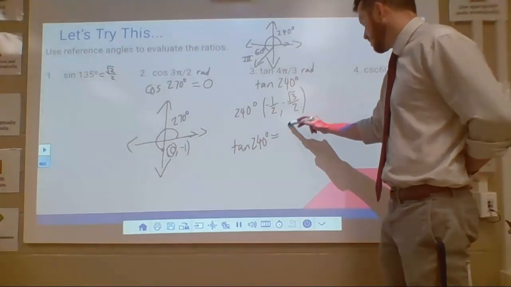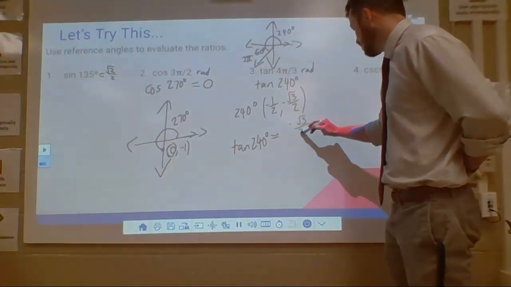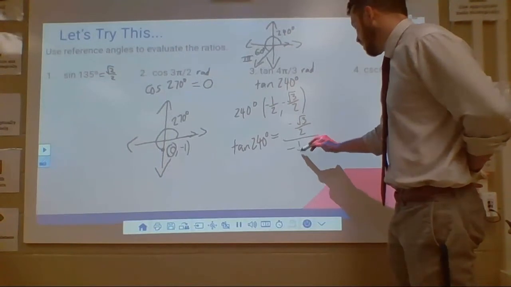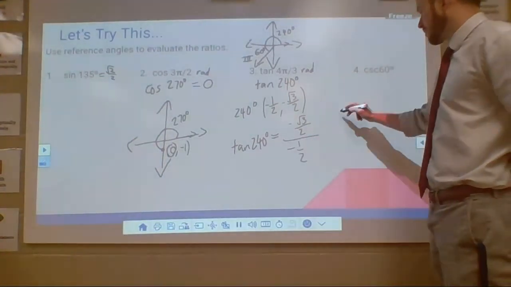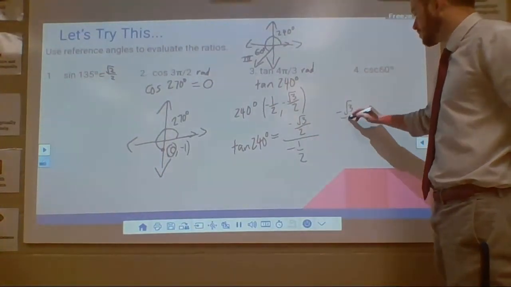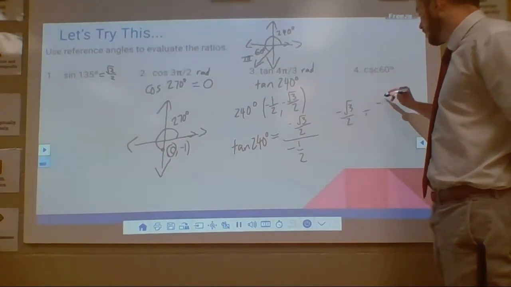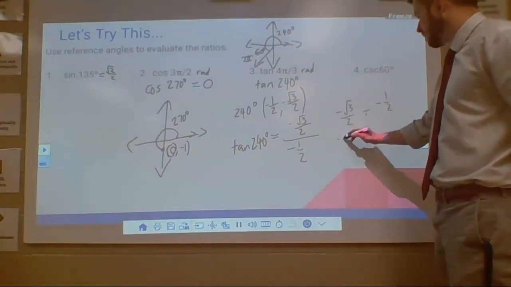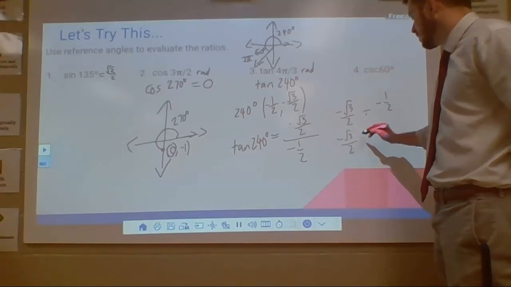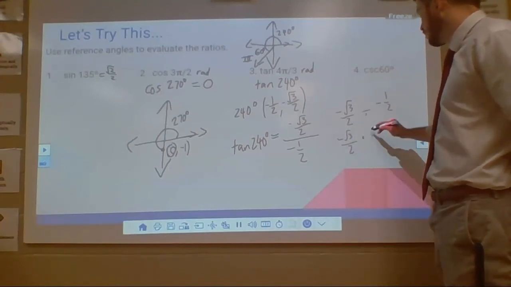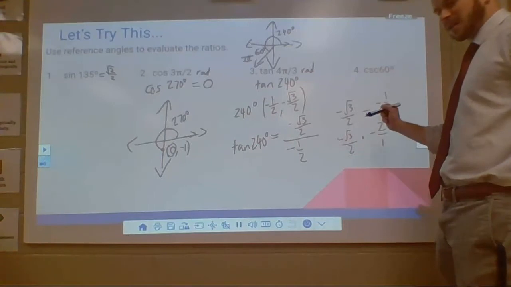Well, sine is negative square root of 3 over 2 divided by negative 1/2. So I'm just going to go over here and write this horizontally. We got negative square root of 3 over 2 divided by negative 1/2. I'm going to keep change flip, negative square root of 3 over 2 times negative 2 over 1. Negative times a negative, that's just going to cancel out.